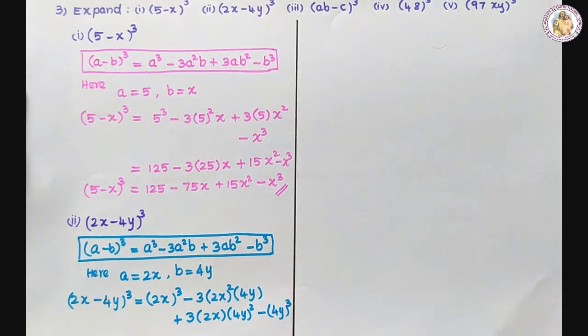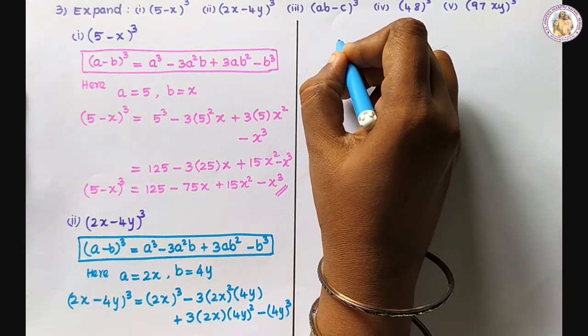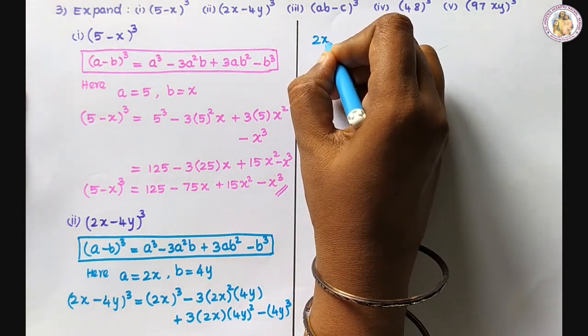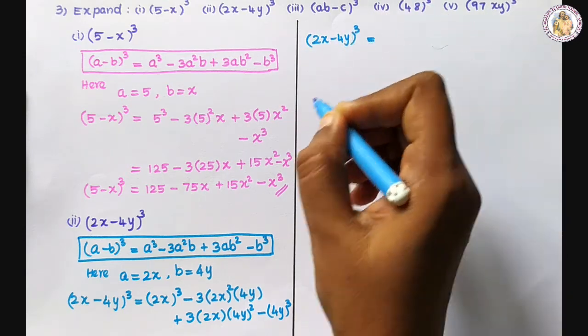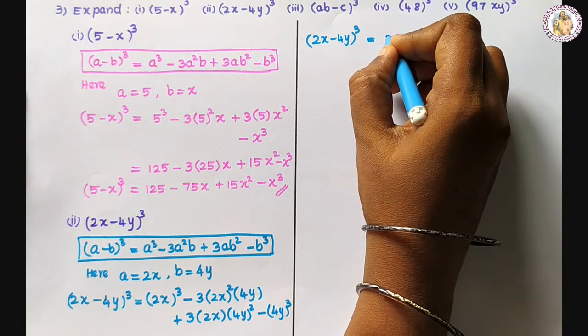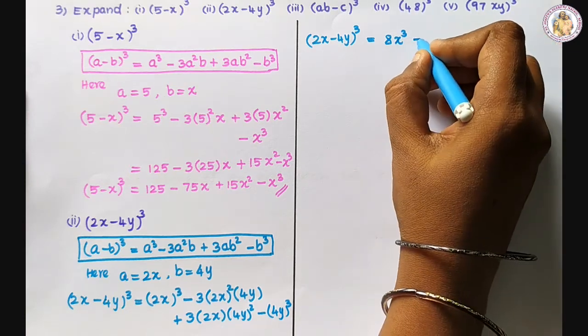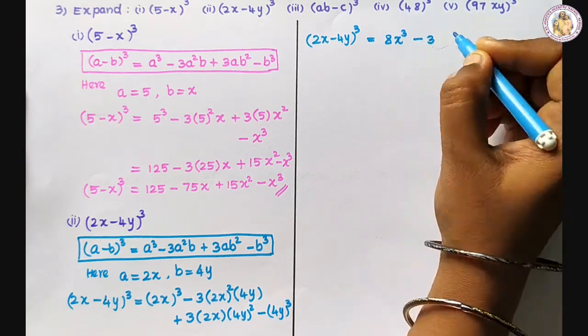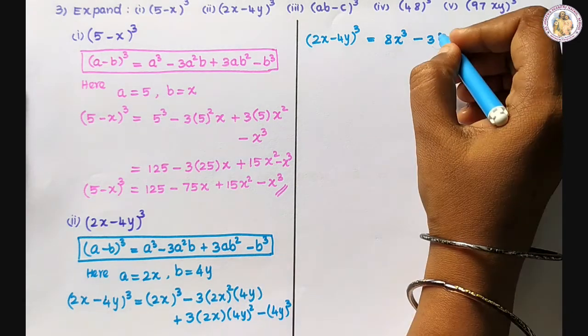Now simplify that. 2x whole cube, 2 cube means 8, 2 2s are 4, 4 2s are 8, x cube, minus 3 into 2 square 4 and x square.